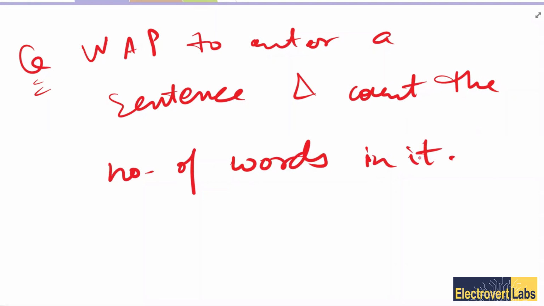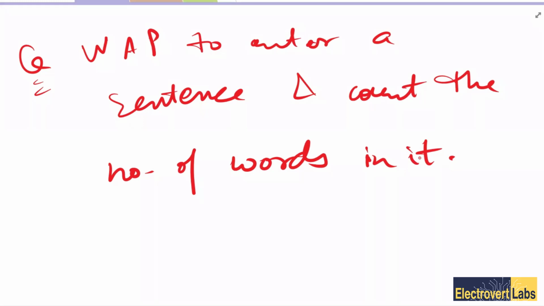I'll remind you, you must have seen this functionality when you write something in MS Word or somewhere. They tell you in the bottom left how many words you've written. So this is the kind of programming we use. Now just think about what separates one word from another, and on the basis of that you can maybe try this program.